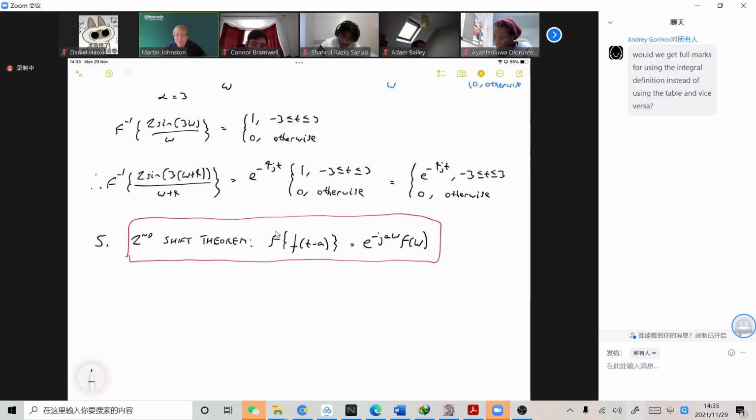So in this question, we've got if the Fourier transform of u of t times e to minus t is equal to 1 over 1 plus j omega, then what is the Fourier transform of u of t plus 2 times e to minus t plus 2?